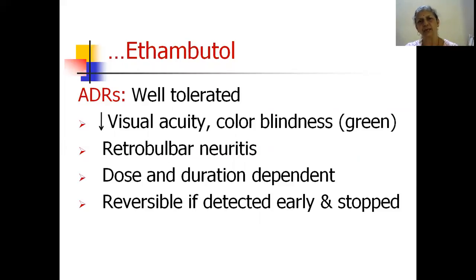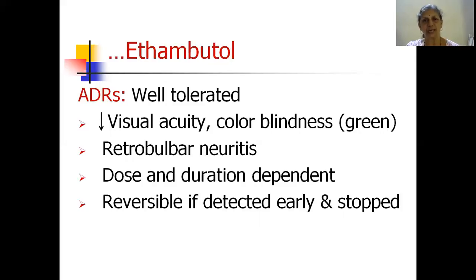So again, ophthalmic checkup. Initially, ethambutol was used only in the first 2 months of the intensive phase. Intensive phase itself was 2 months, and ethambutol was only used there. And usually, this adverse effect doesn't occur within 2 months.